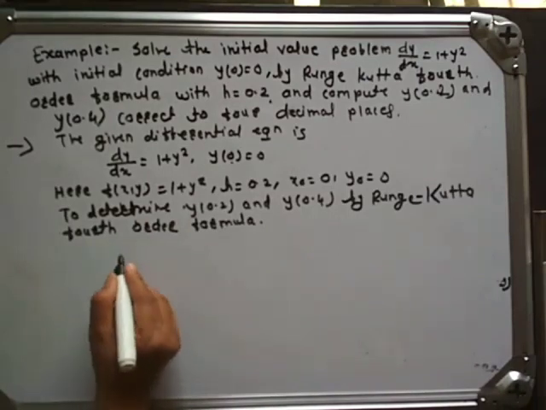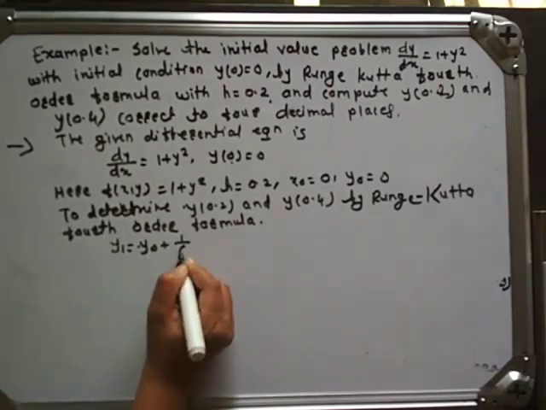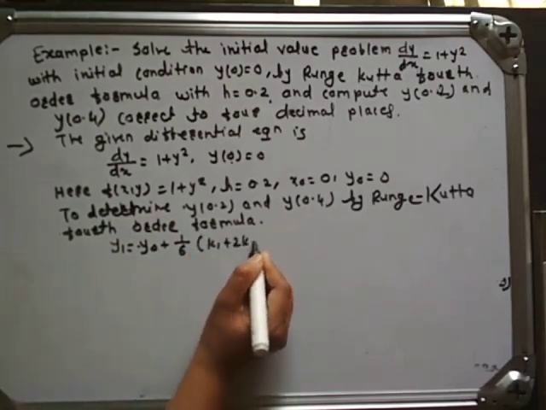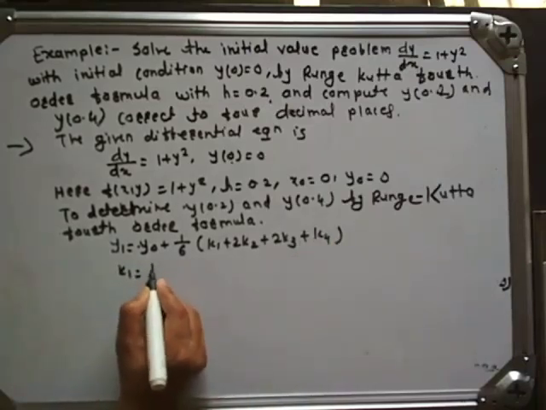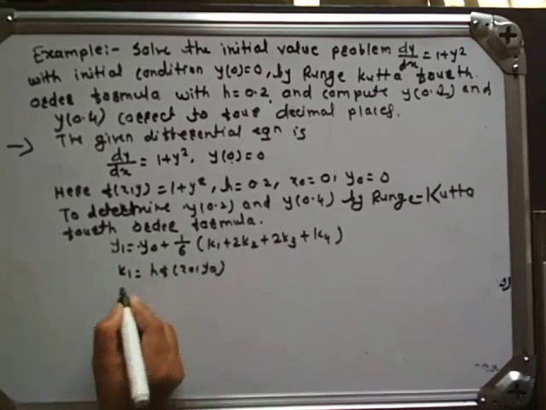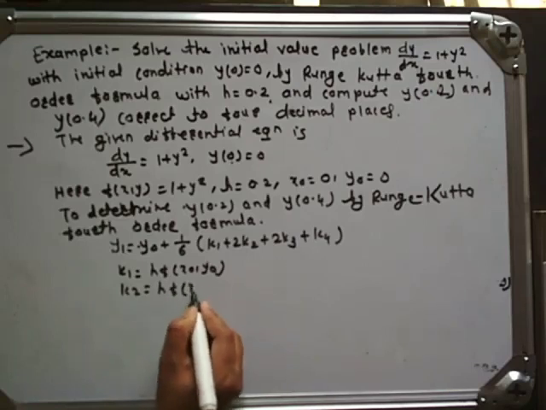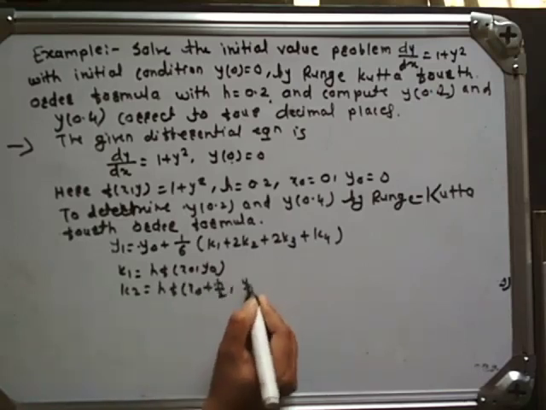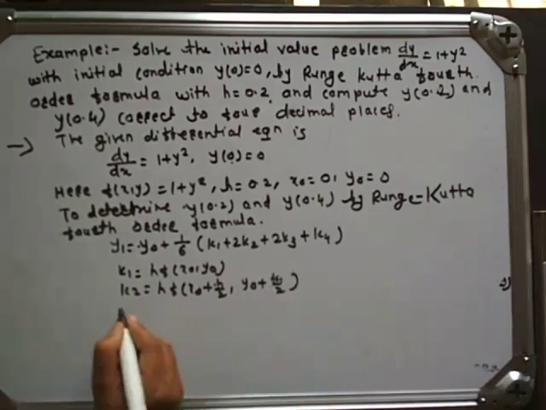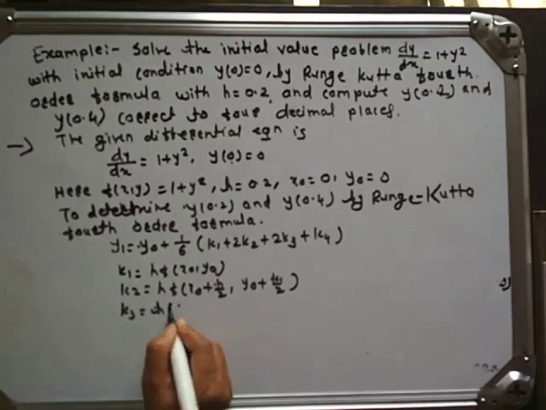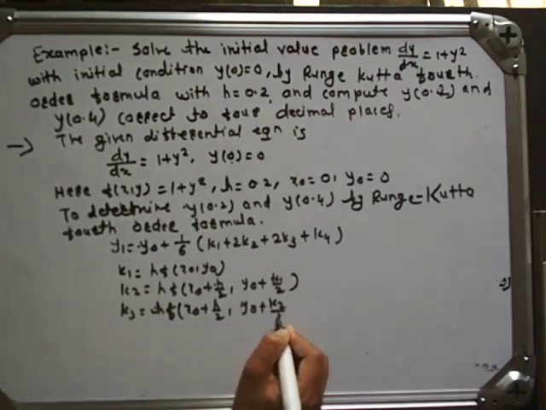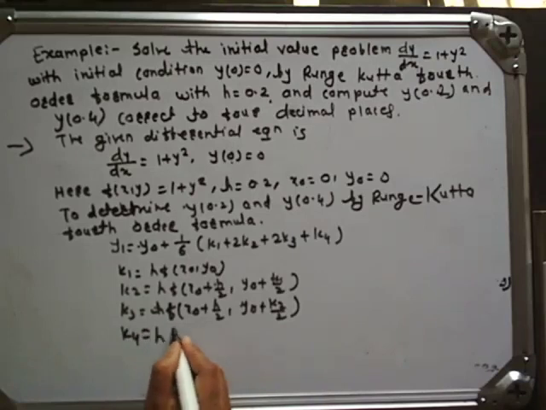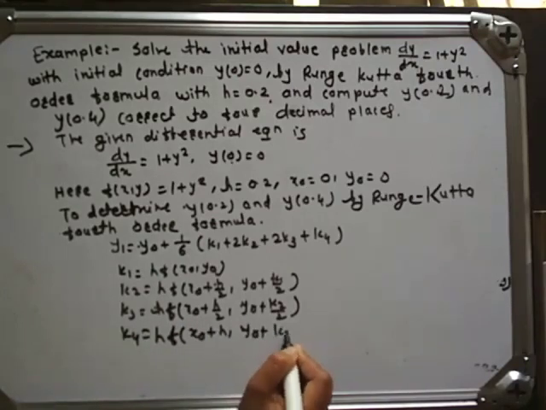That formula is y1 is equal to y0 plus 1 by 6 into k1 plus 2 into k2 plus 2 into k3 plus k4, where k1 is equal to h into f of x0, y0, k2 is equal to h into f of x0 plus h by 2 comma y0 plus k1 by 2, k3 is equal to h into f of x0 plus h by 2 comma y0 plus k2 upon 2, and k4 is equal to h into f of x0 plus h comma y0 plus k3.